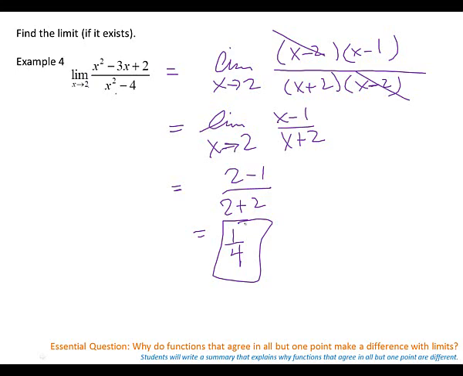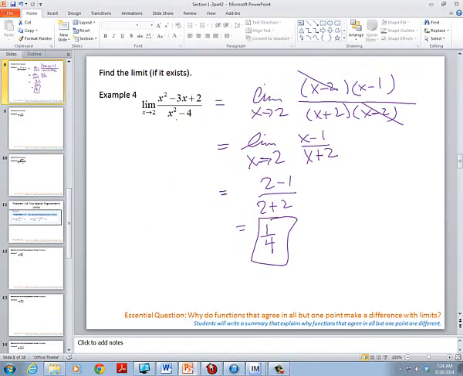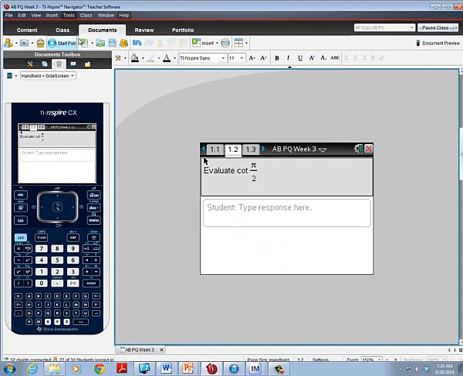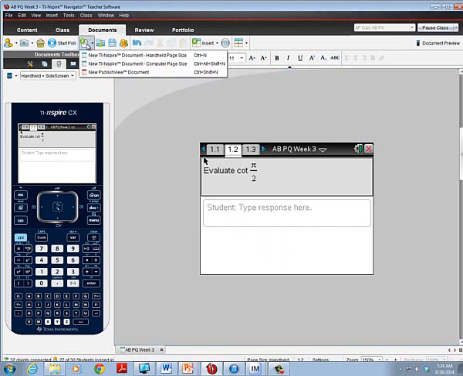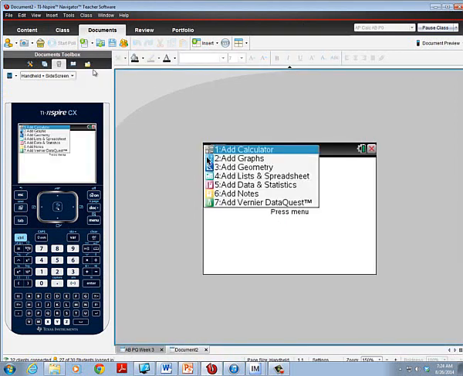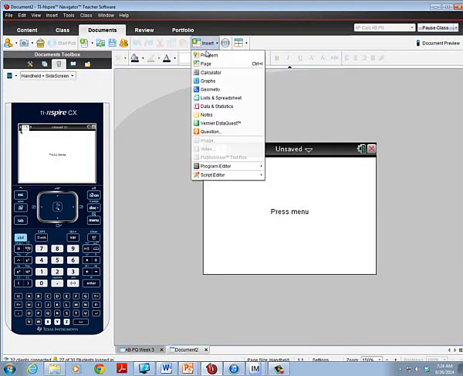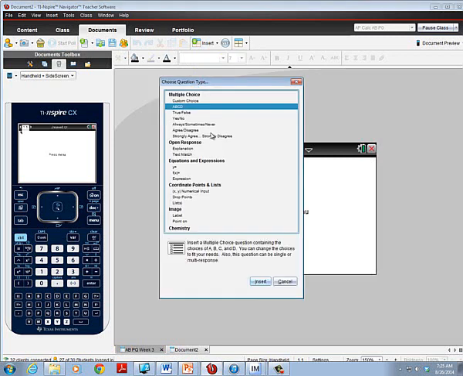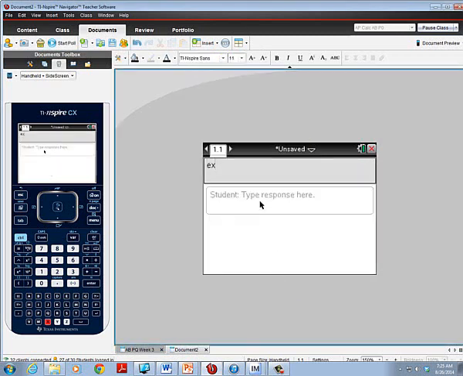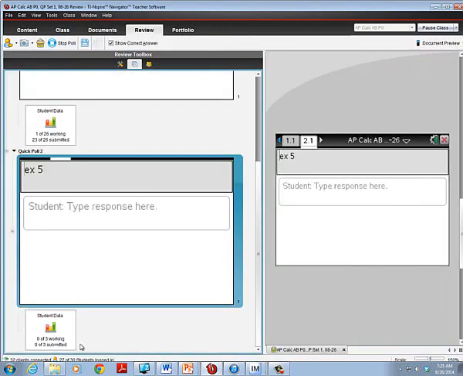I want you guys to try it, and I'll send it out as a quick poll to your calculators, and you can type it in, okay? Once you got it, the poll's coming right now, okay? So make sure you hit enter.